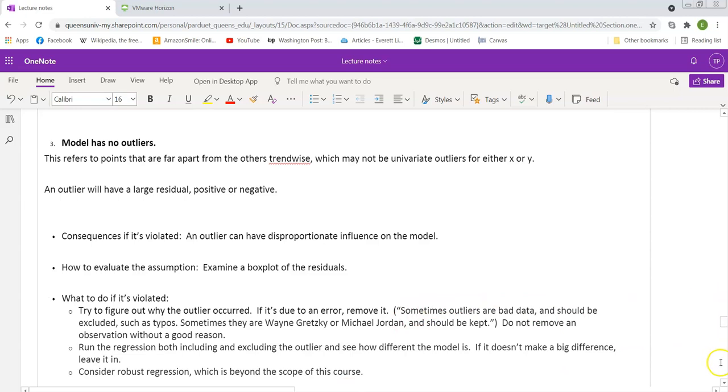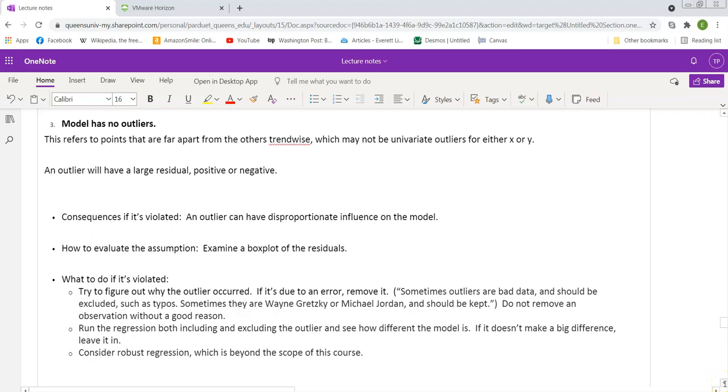So what do you do if it's violated? Well, you don't want to throw out an outlier unless you have a good reason. And so you want to look and see what happened. Why is it an outlier? If there's an error, take it out.